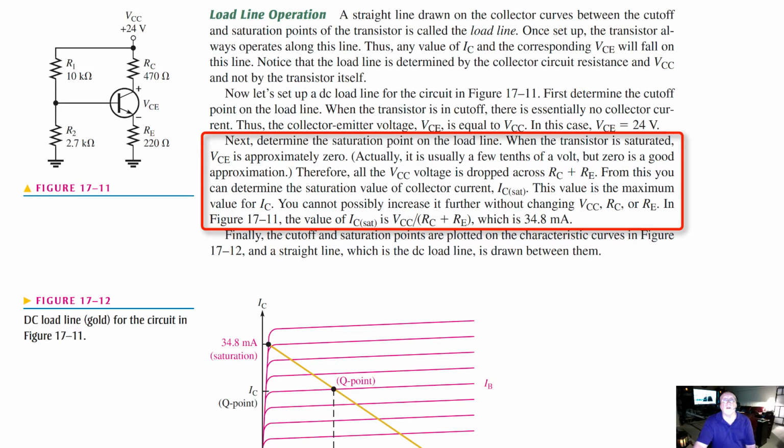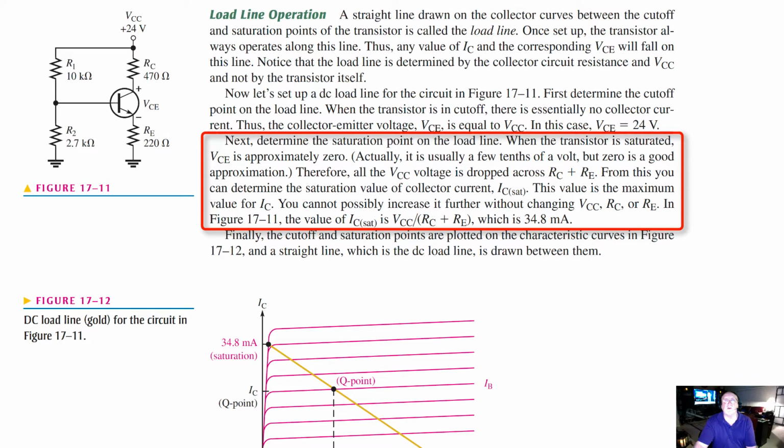Therefore, all the VCC voltage is dropped across R sub C and R sub E. So we can see that R sub C and R sub E is where your current is going to flow, VCC to ground. From this, you can determine the saturation value of collector current, I sub C sat.